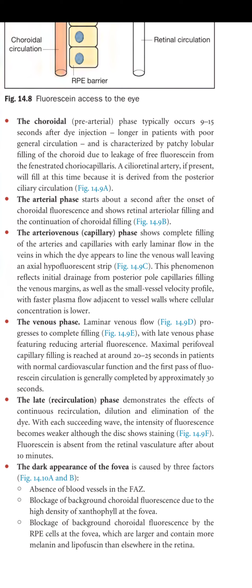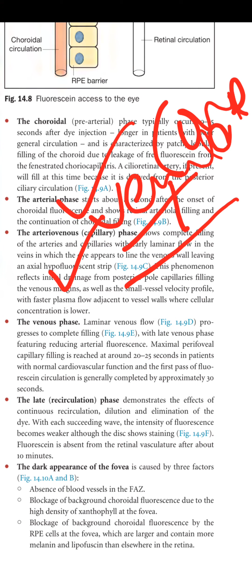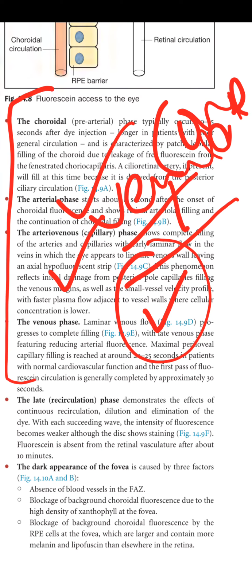So after the arteriovenous phase, there is a venous phase in which there is complete filling of the venous vascular system, and it takes about 20 to 25 seconds to complete. So all these phases take about 30 seconds to complete.